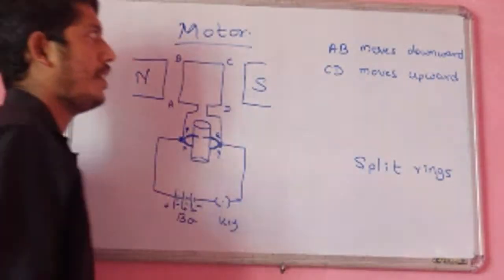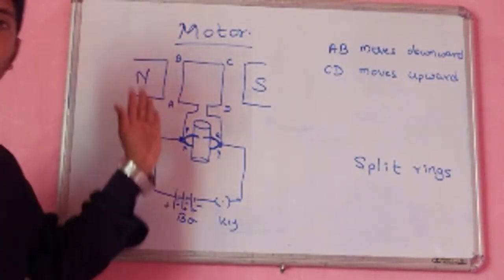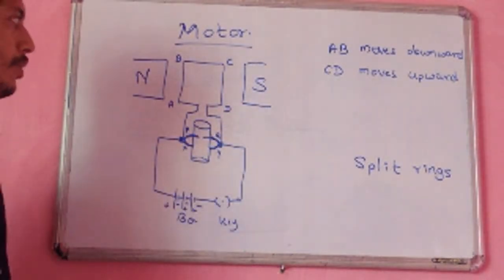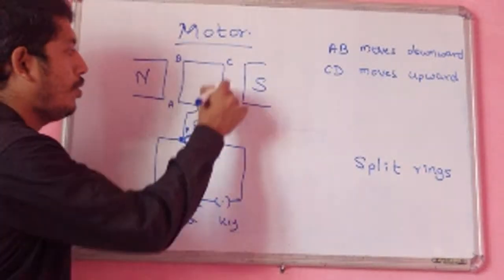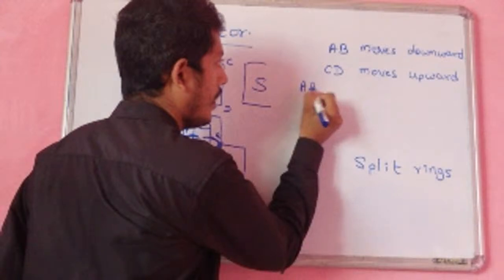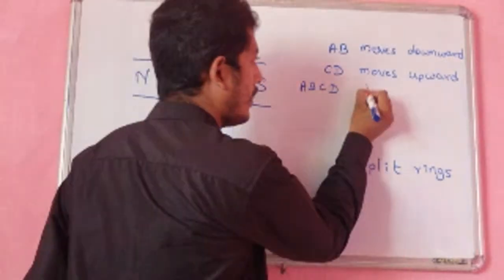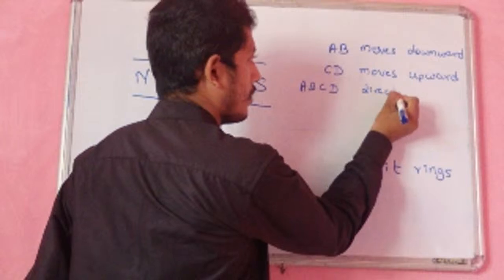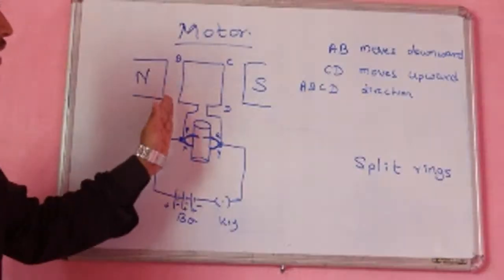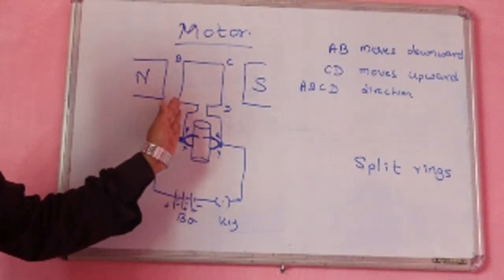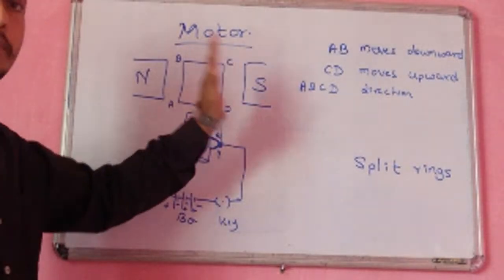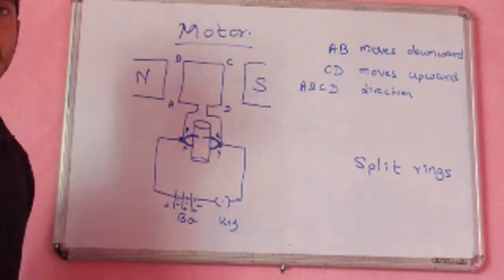In the first case, arm AB moves downward and arm CD moves upward. Here electricity passes in the direction ABCD. This is another important thing: when electricity passes through in the ABCD direction, arm AB moves downward and arm CD moves upward.